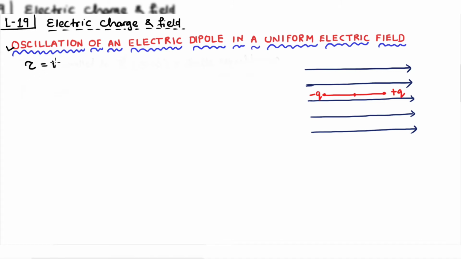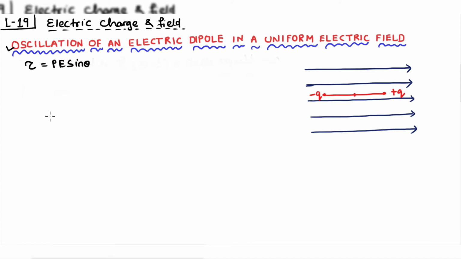Tau is equal to PE sin theta, where P is the dipole moment of the electric dipole, E is the electric field strength, and theta is the angle between the dipole moment and electric field.